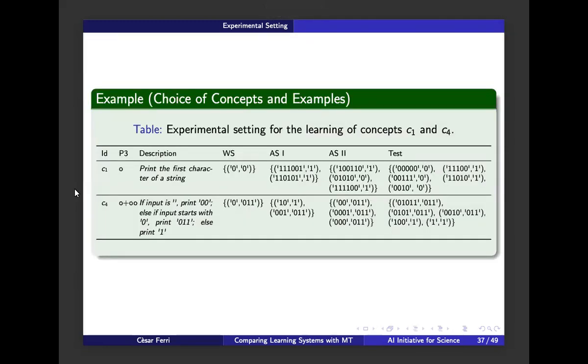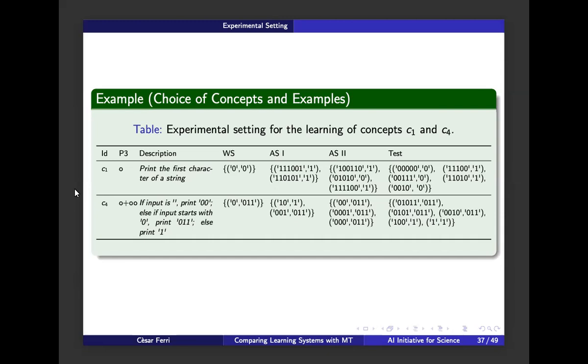So this is an example of 2 concepts we are going to employ to compare systems. We have the program, but in the end this is not really important because we are only going to employ examples. Humans or learning systems don't care about the internal representation of the concept.